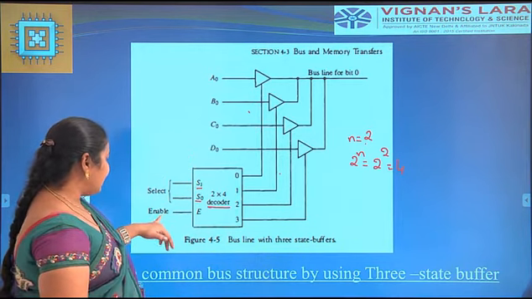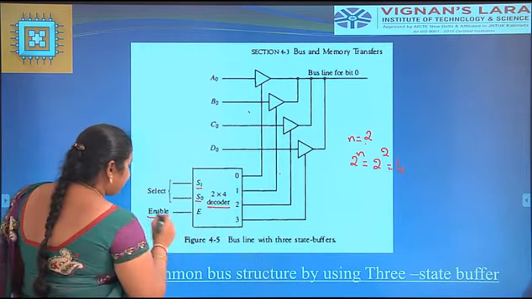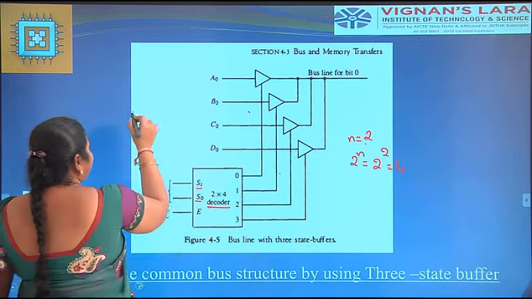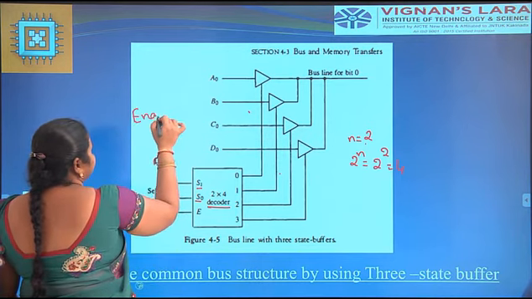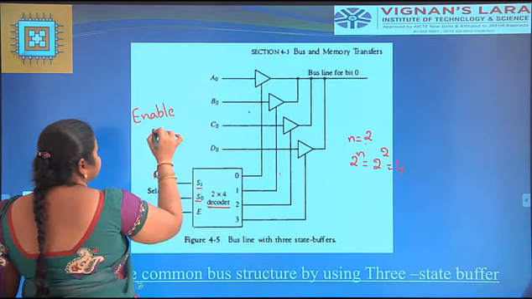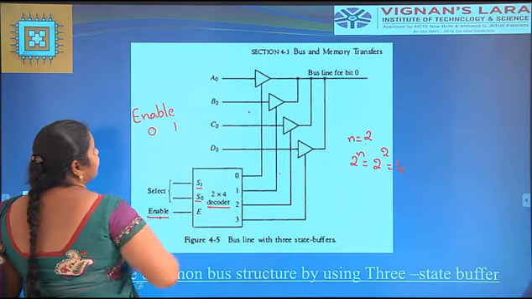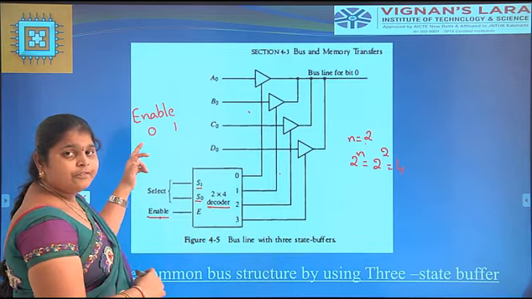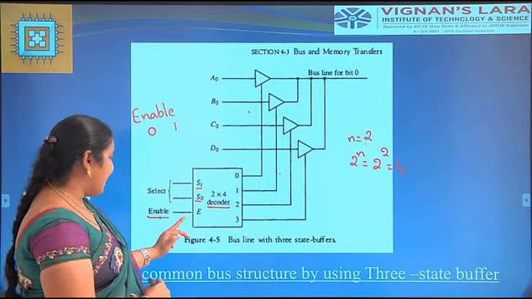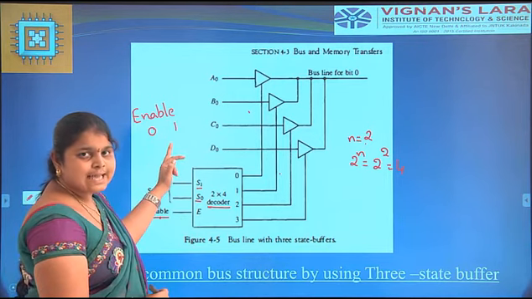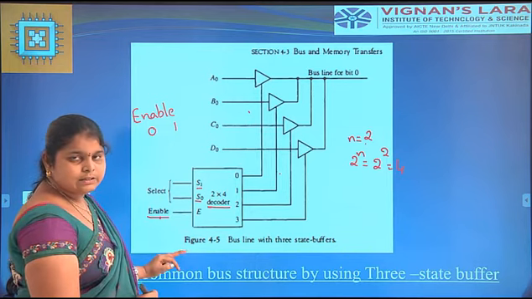Here we have an enable, in the form of 0 and 1. If the enable is active, it is represented as 1. If the enable is inactive, it is represented as 0.